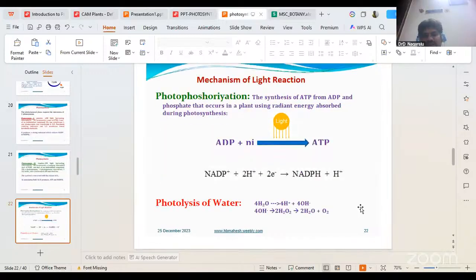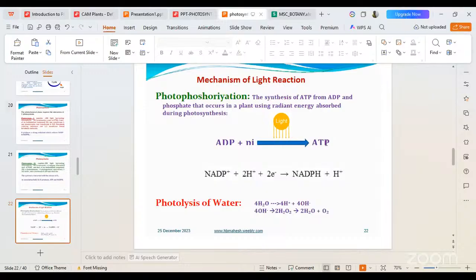The photolysis of water happens in the light reaction. In the light reaction, it produces ATP and NADPH, splits the water and releases the oxygen. These three processes happen in the light reaction.